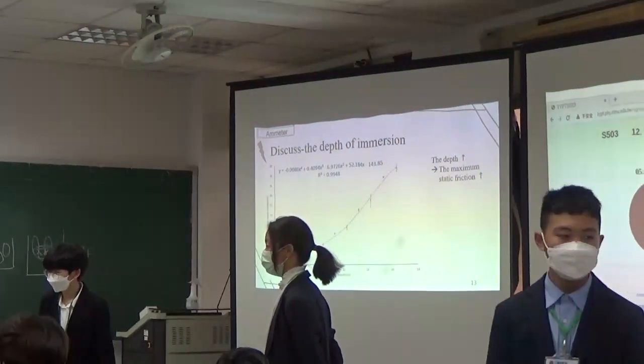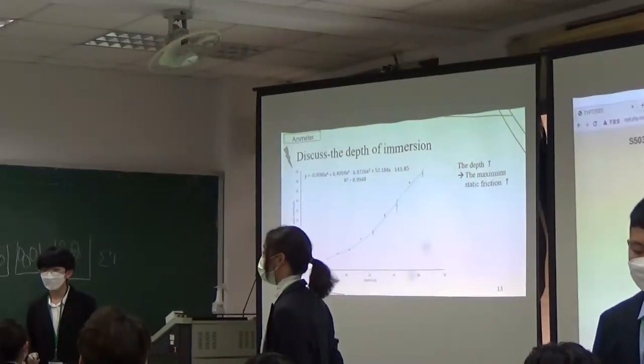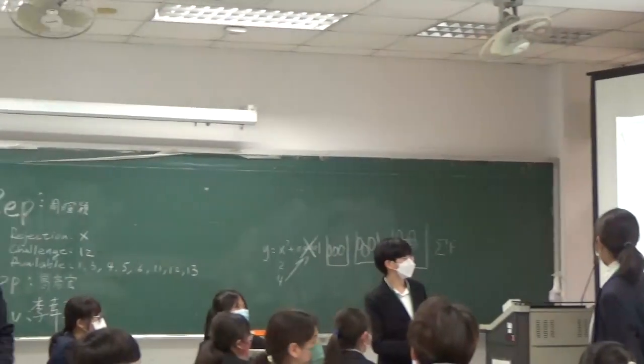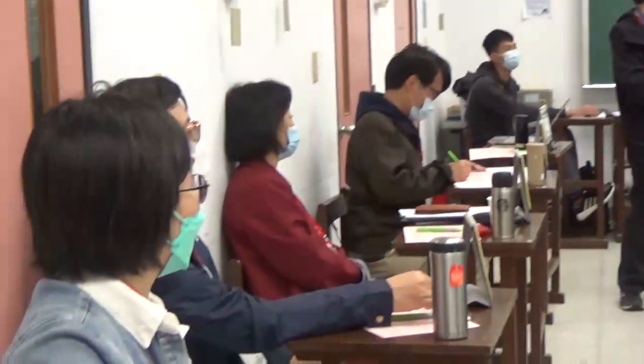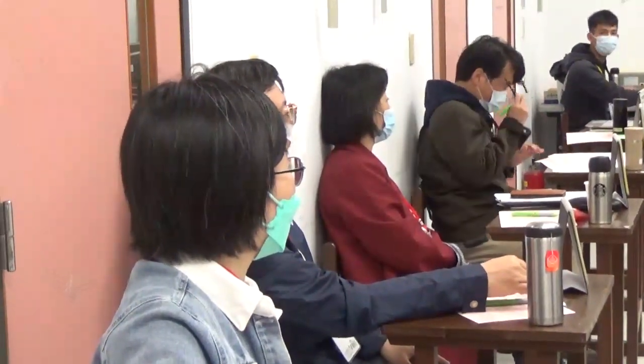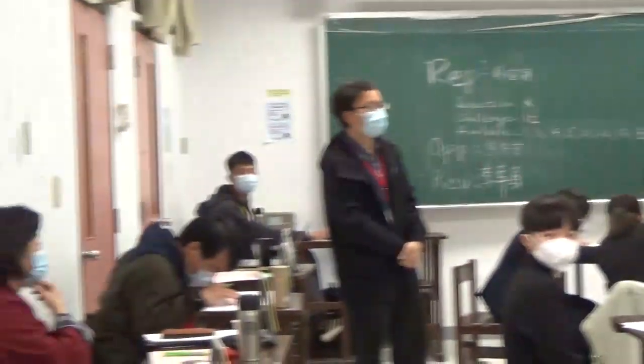You just use the formula? No, we use the Excel formula. Oh, Excel's formula? Okay. And we can get this one. And the error bar, it means our data is very credible. Okay. Is it okay? Okay.